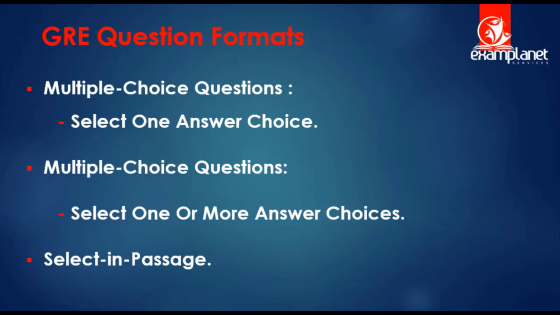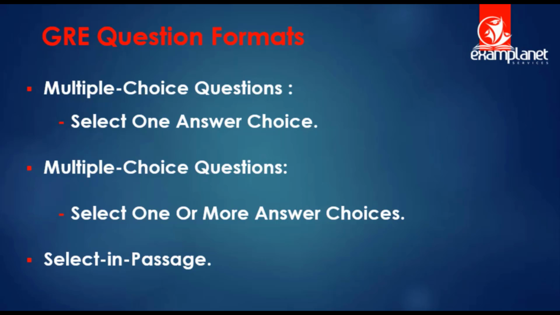The second one, you will select one or more answer choices. In this kind of question, there are 3 answer choices and you have to pick 1, 2, or all 3 answer choices. You have to note that 1, 2, or all 3 answer choices may be correct.